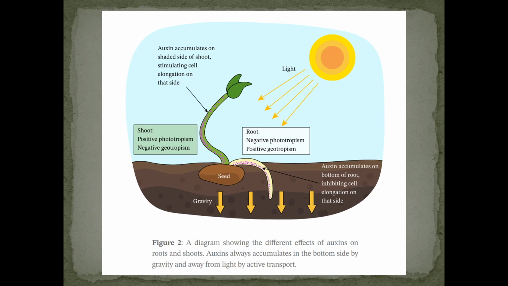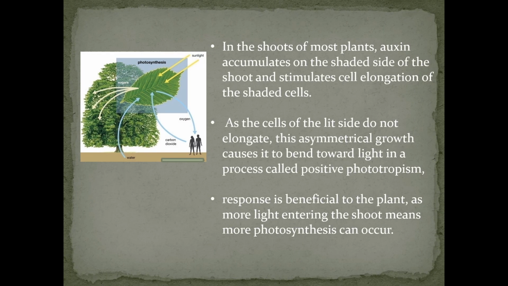This is called negative phototropism. In the shoot of most plants, auxin accumulates on the shade side, stimulating the cells. In positive phototropism, the response is beneficial to the plant, as more light entering the shoot means more photosynthesis can occur.